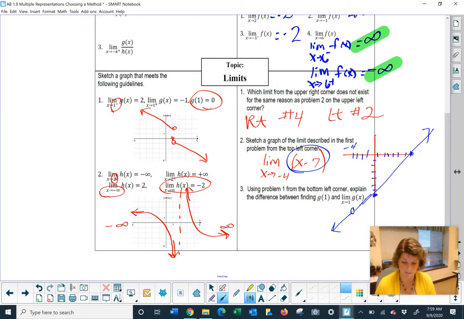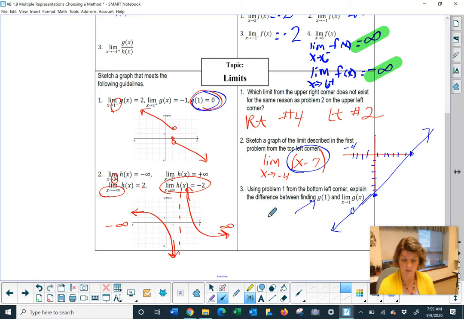problem number 1. And then number 3, explain the difference between g of 1 and the limit as we approach 1. Well, g of 1 is a point. Using 1 from the bottom left corner, it looks like that point is at 1, 0.